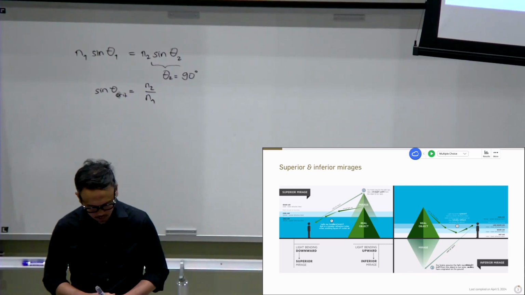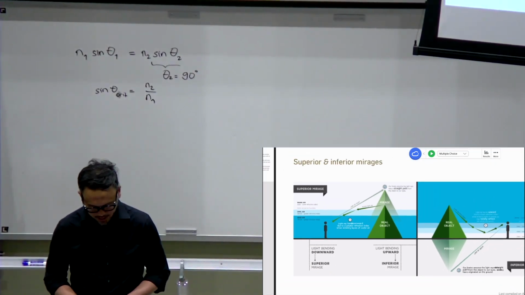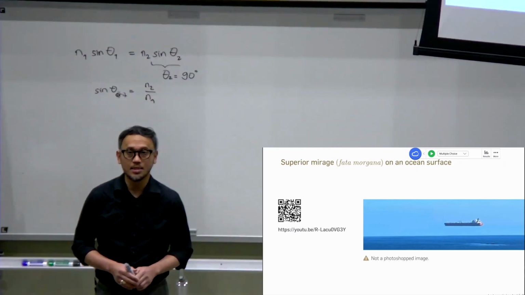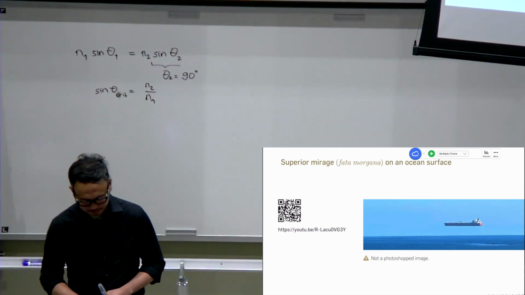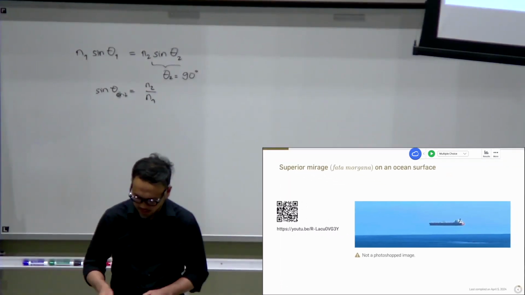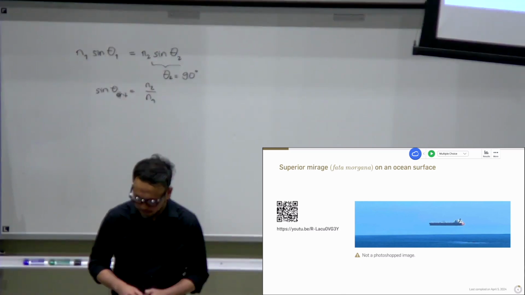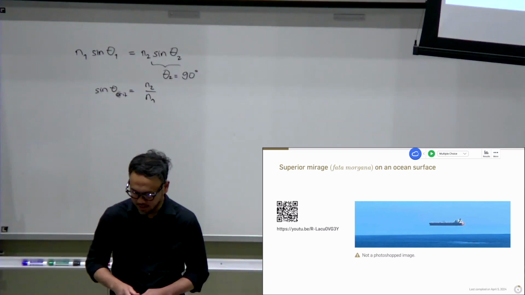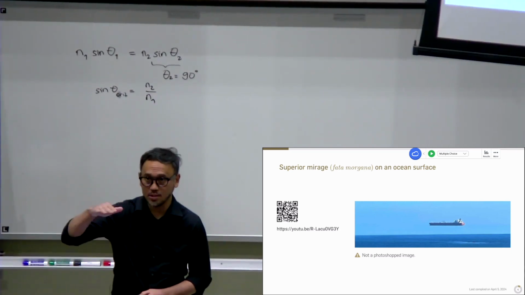There are two types of mirages. One is when the object appears taller or at higher elevation, higher coordinates than the real object. This one is not a Photoshop image, and this is a ship. This is not a flying ship, but your eyes and even a camera see the ship above the ocean level.